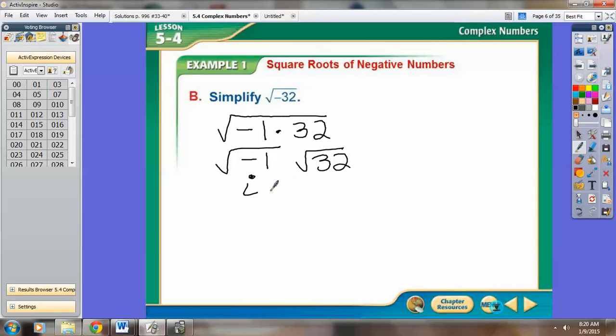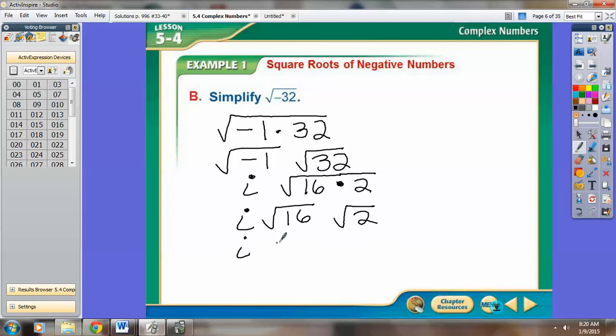Good, Maddie. 16 and 2. So break apart your square root of 16 times the square root of 2. We know the square root of 16 is 4. And I do want to rewrite this and put the i after the number: 4i square root of 2.